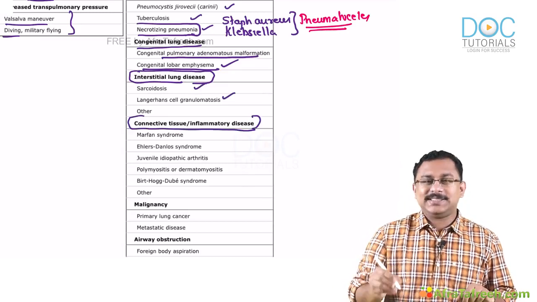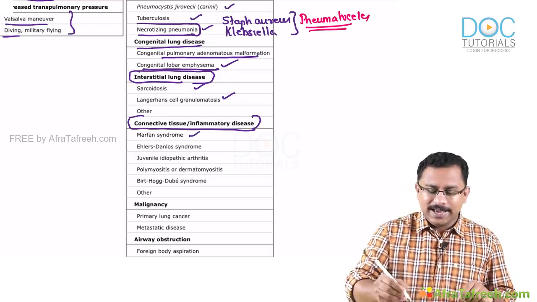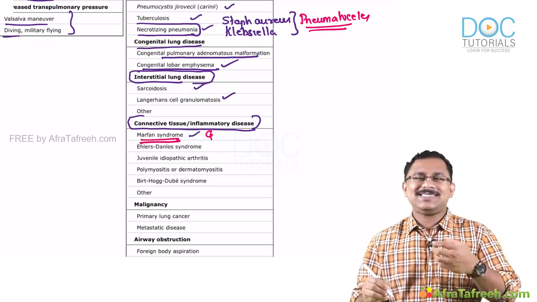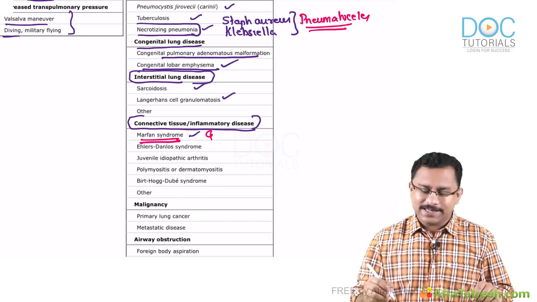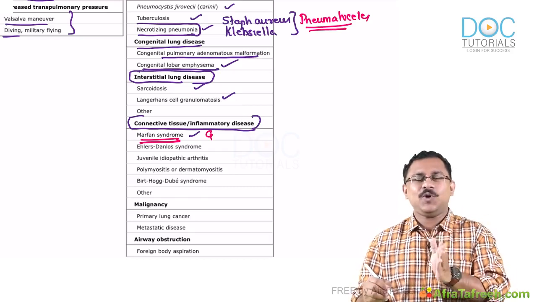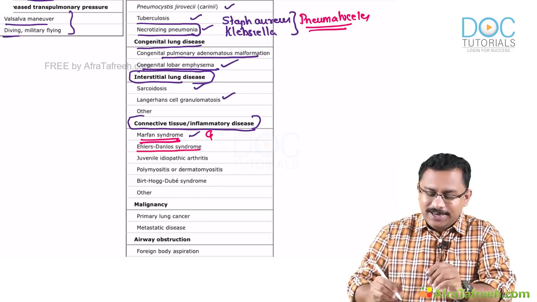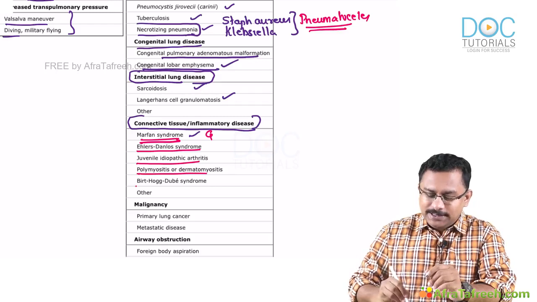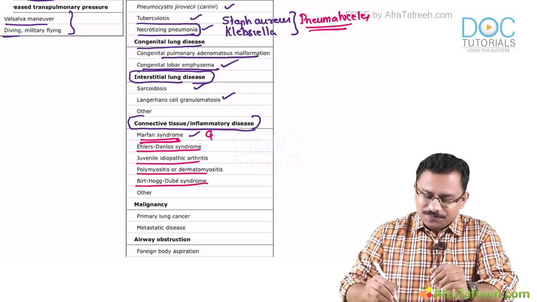Connective tissue diseases, very, very important, Marfan syndrome. Now this can be asked as a question because Marfan syndrome patients are very likely to have pneumothorax as a complication, and not just Marfan syndrome, other connective tissue disorders like Ehlers-Danlos, juvenile idiopathic arthritis, polymyositis, Birt-Hogg-Dubé syndrome are some of the other syndromes that you should know.